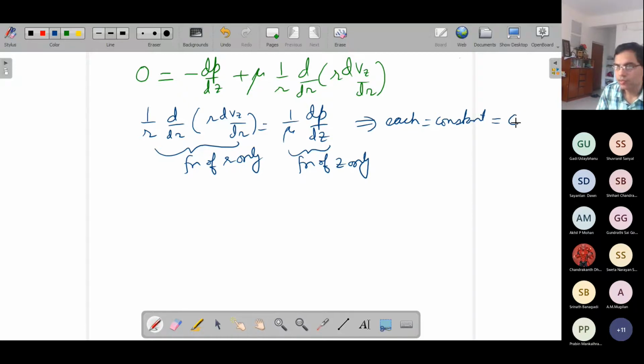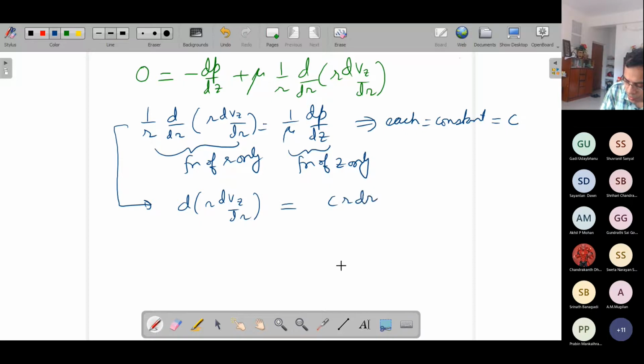So now if you integrate it, say the velocity profile, if you want to find out, so from this you can write d of r dvz dr is equal to cr dr. So if you integrate it, so r dvz dr is equal to cr square by 2 plus c1.